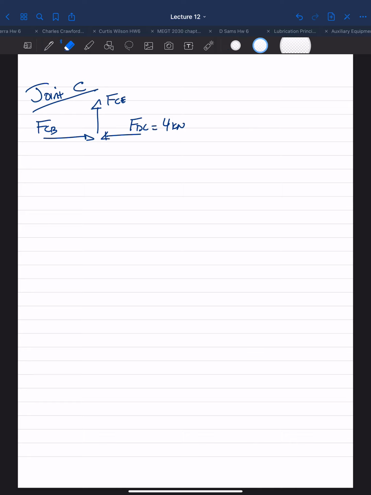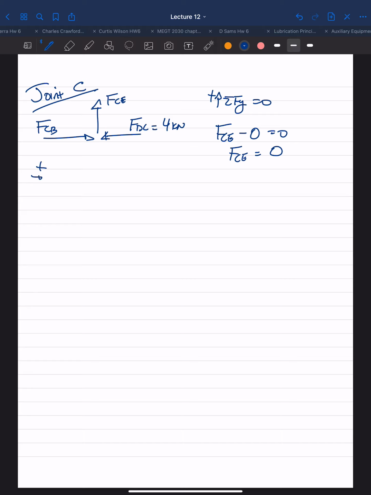So if I take the sum of our forces in the y direction, you have FCE minus 0, I should say, minus 0 equals 0. FCE equals 0.